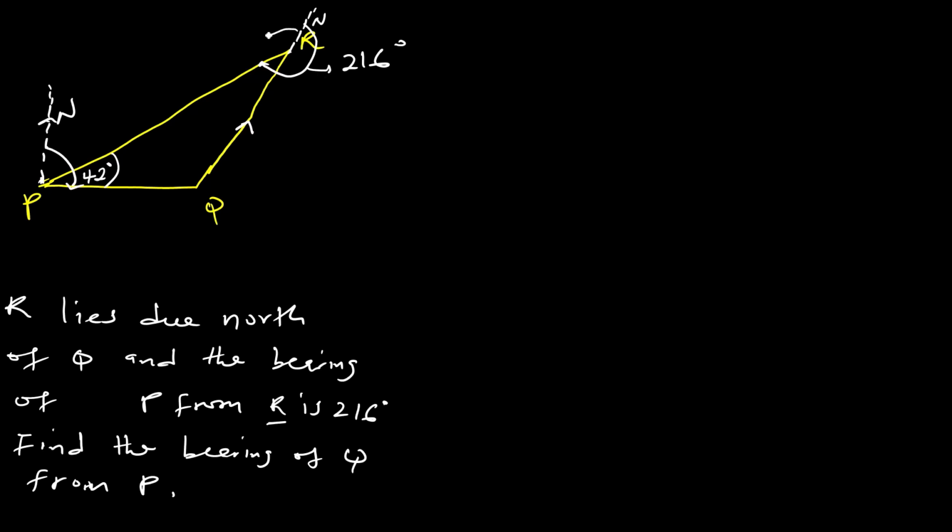And this side plus 216 will give us 180. So let's call this side alpha. Let's call this side beta. So it's behaving like this. Let me draw it well.